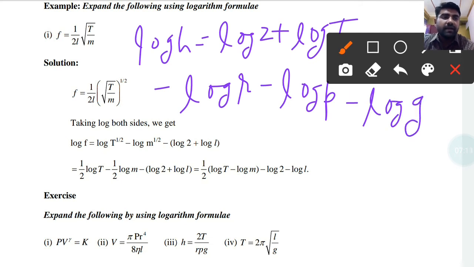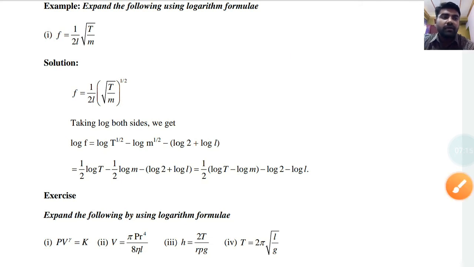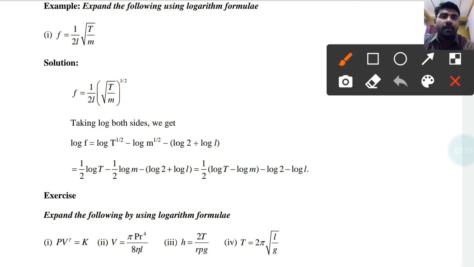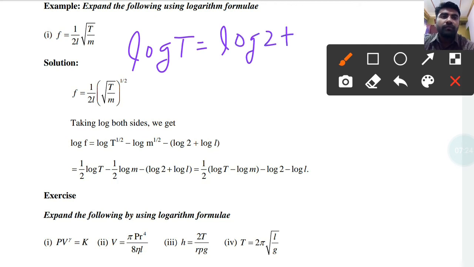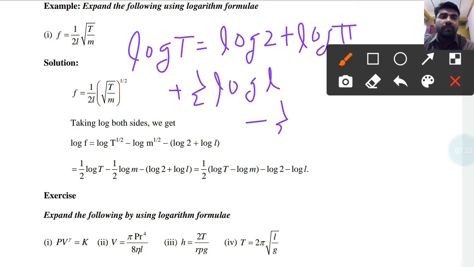And now time for the fourth one, log t is equal to log 2 plus log pi plus 1 by 2 log l, but minus 1 by 2 log g. So that is the solution for the fourth equation. So that is logarithm.